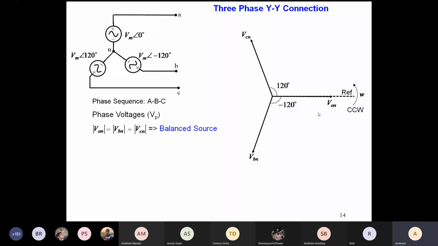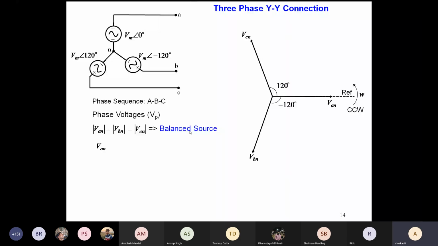For balance, the magnitudes should be all equal, but they are shifted in phase. This is known as the phase voltage, the voltage of A, B, and C with respect to the common neutral. So if the magnitudes of these phase voltages are the same, this is known as a balanced source.